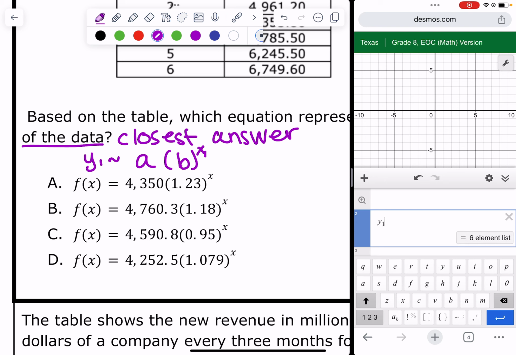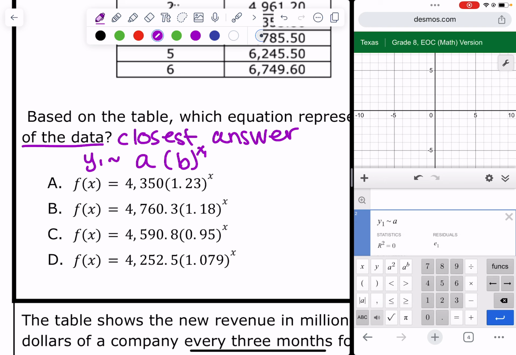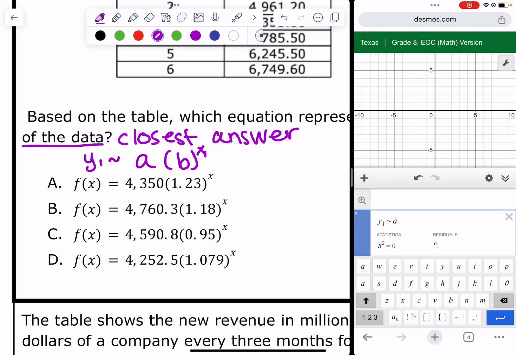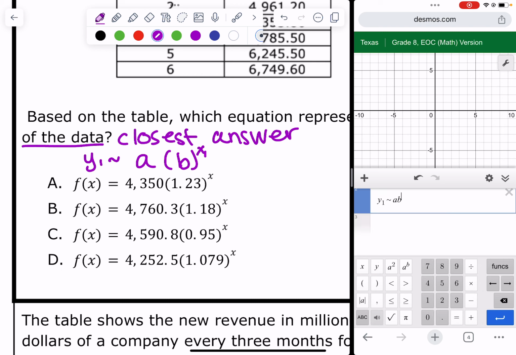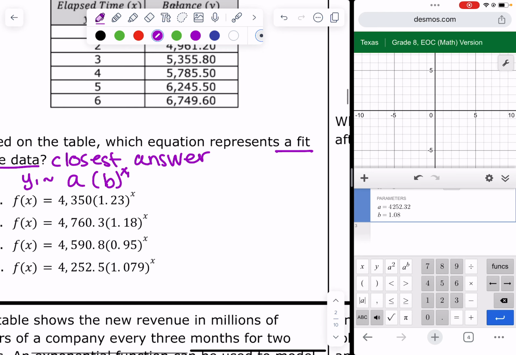And that gives me all of this. So my a is going to be 4252.32, and my b is going to be 1.08.